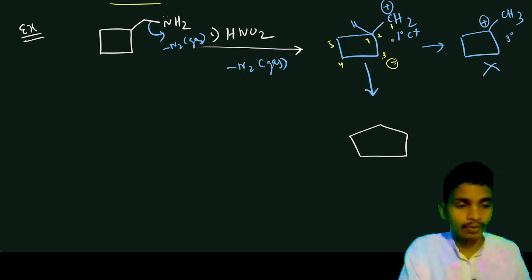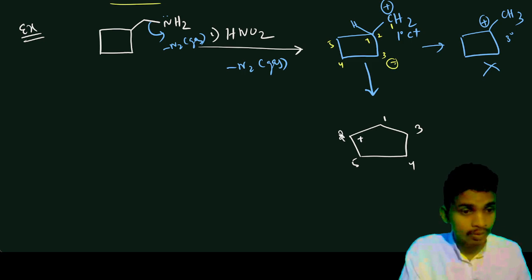So 1 and 3 will make a bond, then 4, 5, and this is going to be 2, and 2 will get the positive charge, so make a positive charge here. So this is what happened.